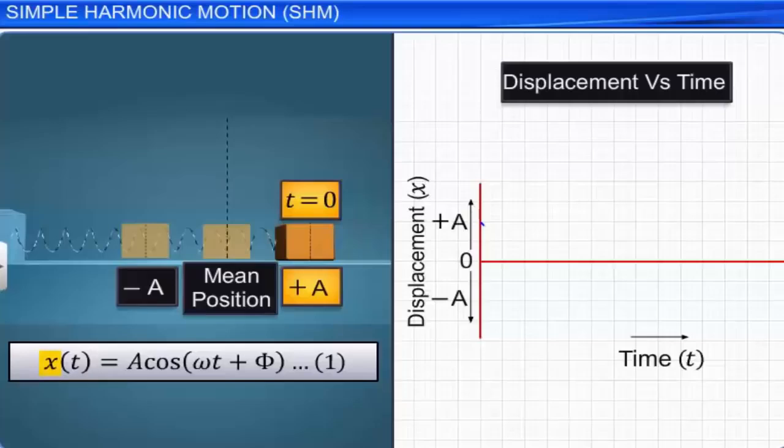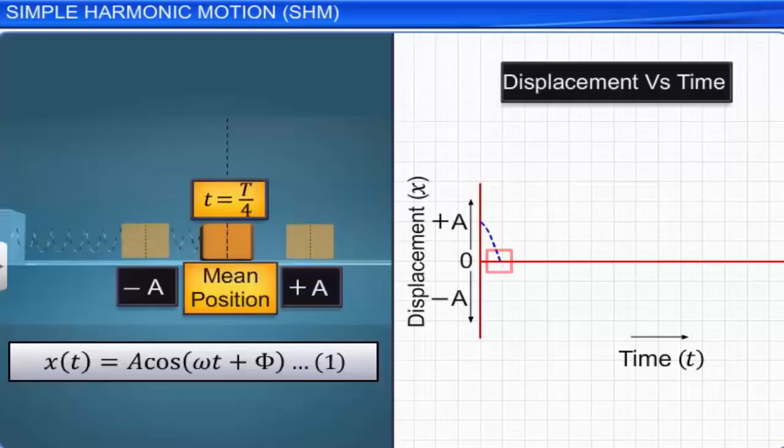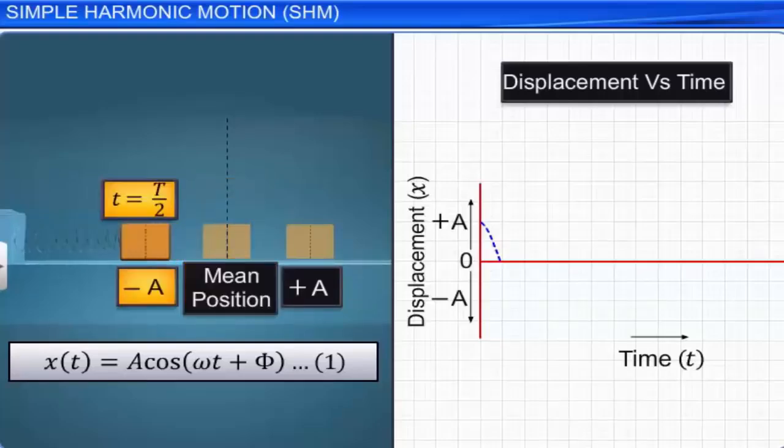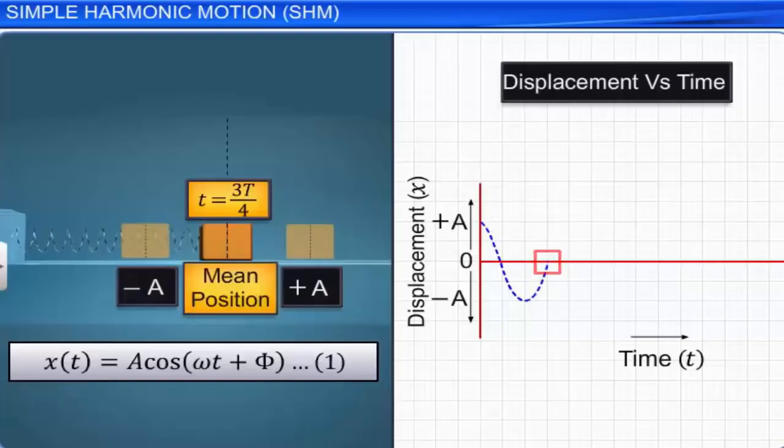When time t is equal to T/4, the particle will be at the mean position. For the oscillating particle, when t is equal to T/2, it is at the left extreme, and when it is at t equal to 3T/4, it is again at the mean position. When t is equal to T, it returns to the right extreme position +A.